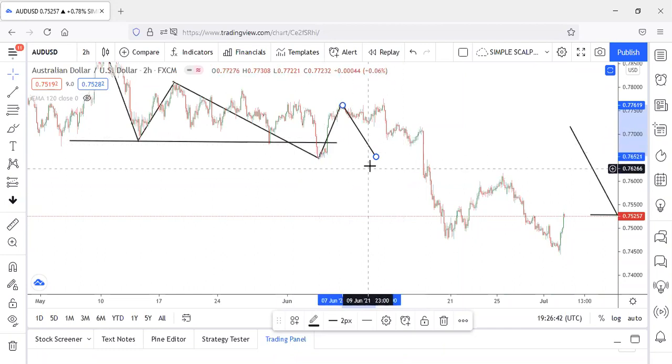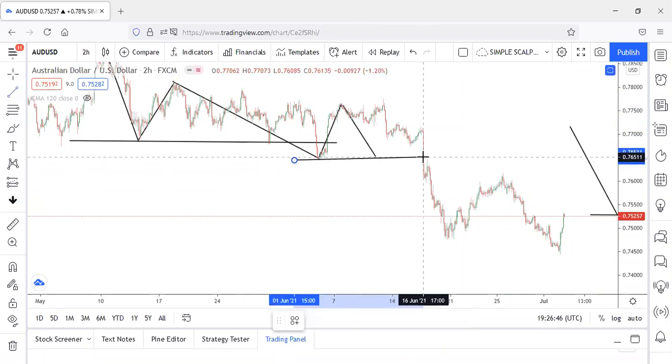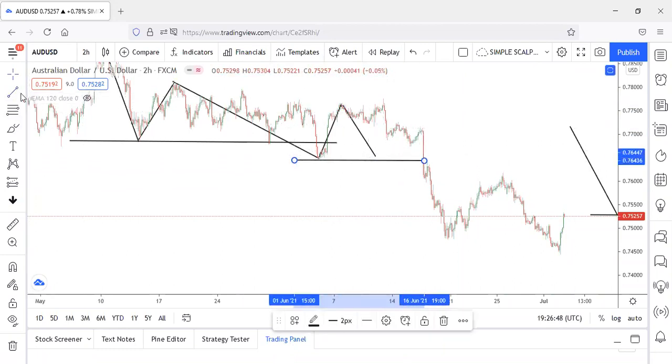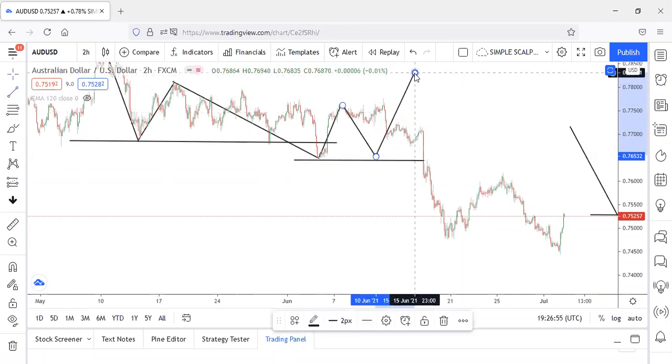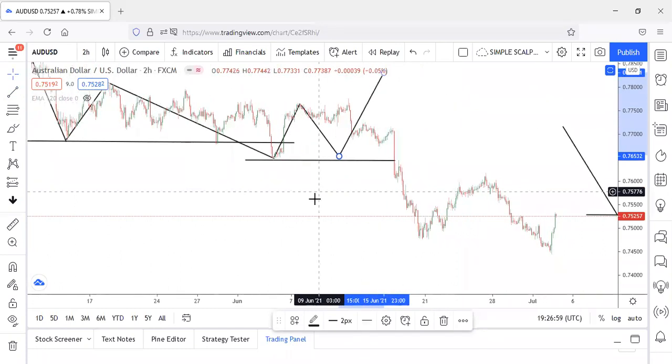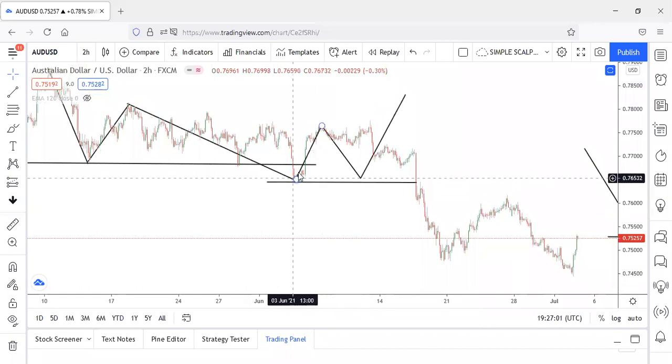Because right from here, if this place does not get broken, it tells you and I that the market may continue going up. All right? So if you have taken a trade right here, the first profit target is going to be this level.